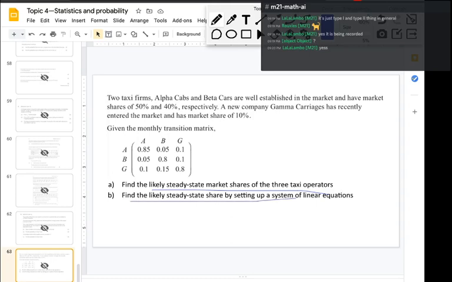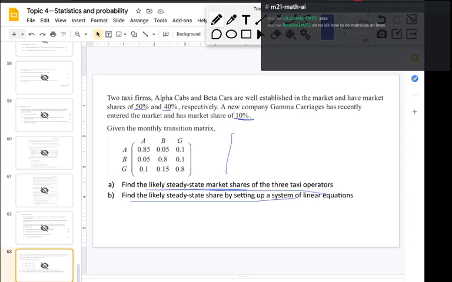Okay, so they have these market shares, right? A steady state of the market share. So they're trying to look at the long term of these values. What happens if you repeat it again and again, at some point it will converge to a certain amount.